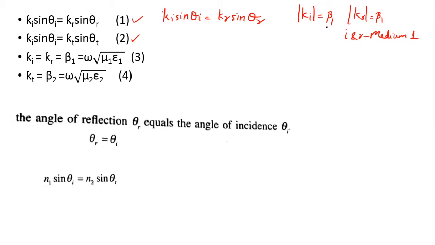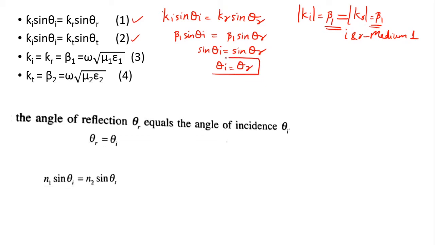So Ki and Kr are equal. Then beta 1 sin theta I is equal to beta 1 sin theta r, so sin theta I is equal to sin theta r, and theta I is equal to theta r. This is one thing you can derive: the angle of reflection equals the angle of incidence.